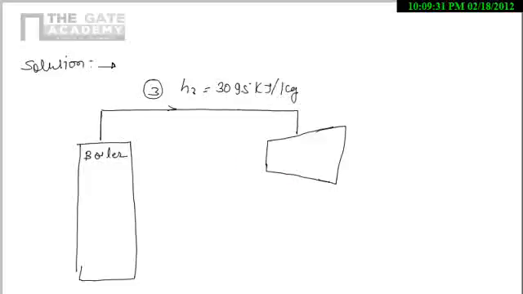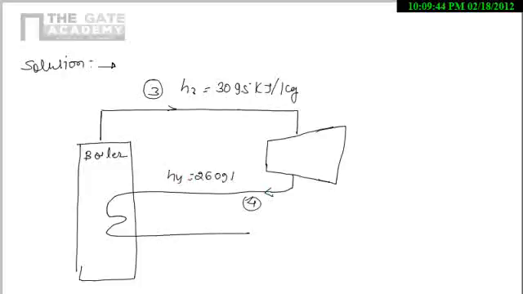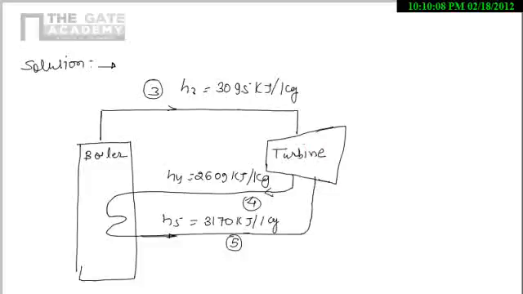Steam leaves the turbine at state 4, H4 is 2609, and goes back to the boiler, coming out at state 5 with enthalpy 3170, and entering the second turbine.